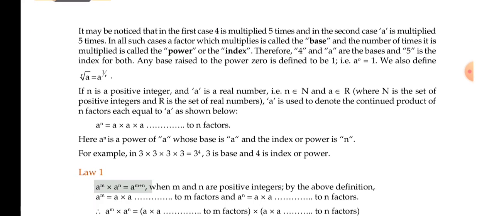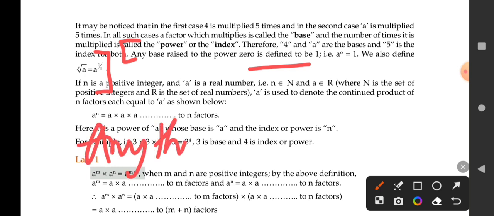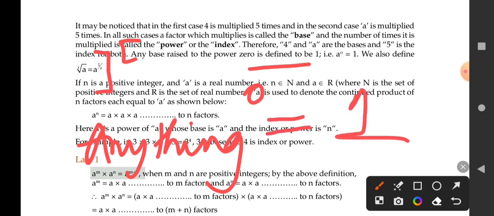Correct? Therefore, 4 and a are the bases and 5 is the index for both. Any base, very, very important, raised to the power 0 is defined to be 1. So anything raised to 0 is equal to 1. Okay.